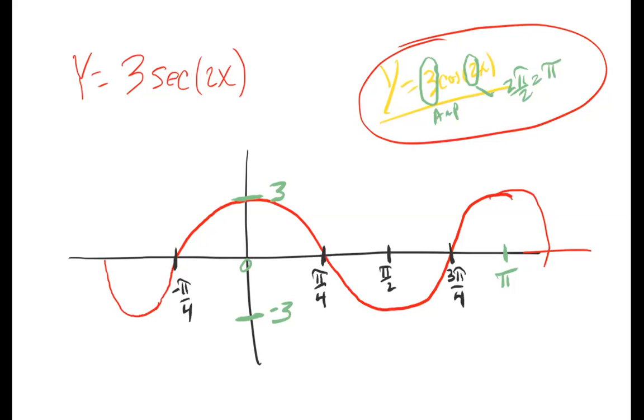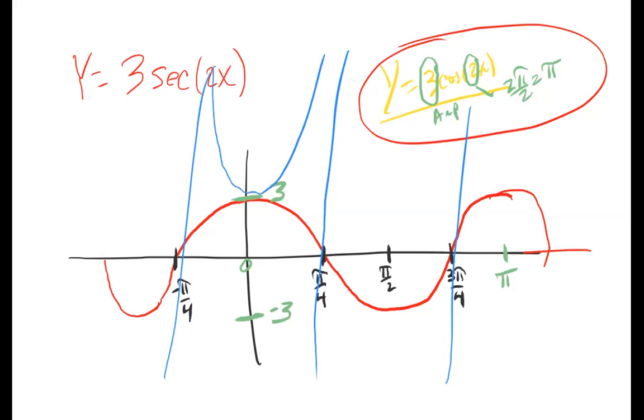Now, the reason I found those, and you don't have to always do this by hand, but I am, is would those be my asymptotes for secant? They would, wouldn't they? Whenever cosine is 0, secant is undefined. Okay, and then to graph that, if we're doing it by hand, it's going to look like this.